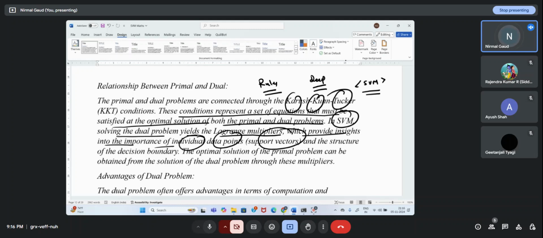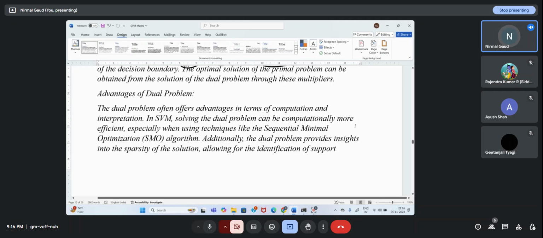And the other terms are stationarity and complementary slackness. That means the balancing rule. For that, we are already using Lagrange to balance between the objective function and the constraint equation. So these are related, connected. However, you can explore more about it.